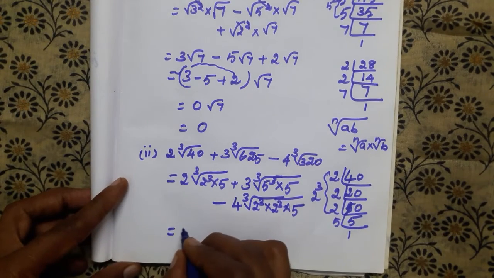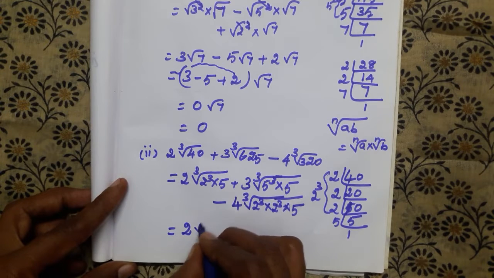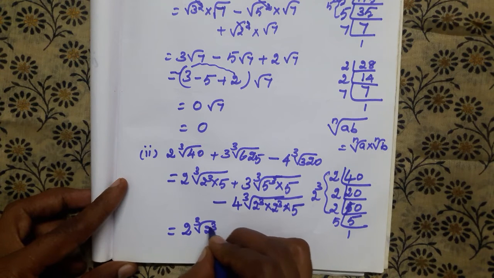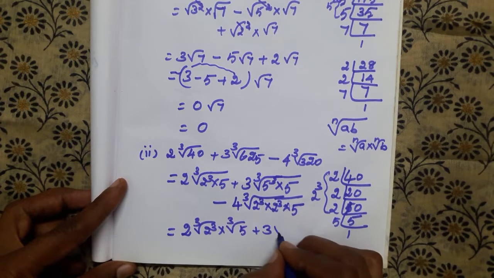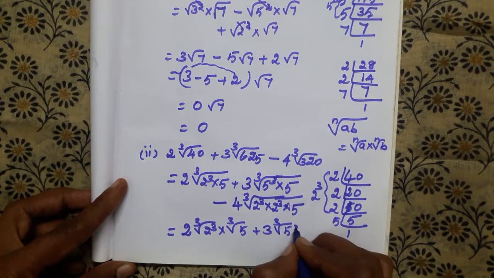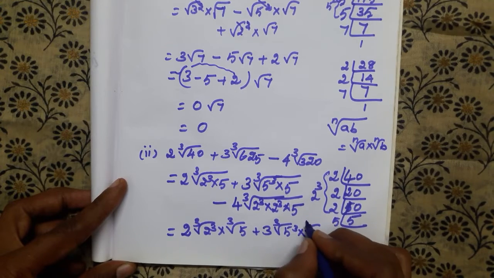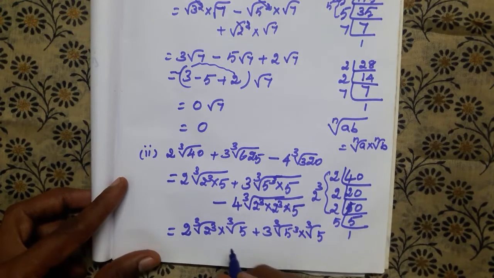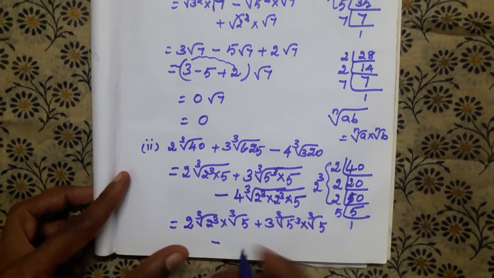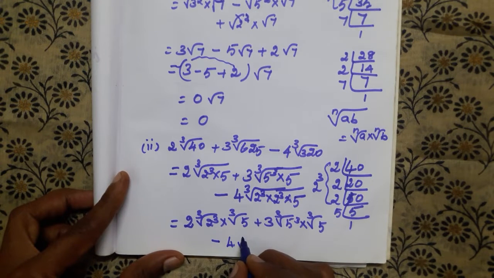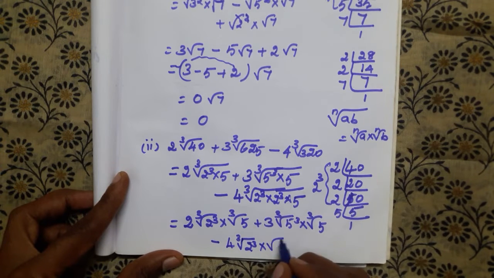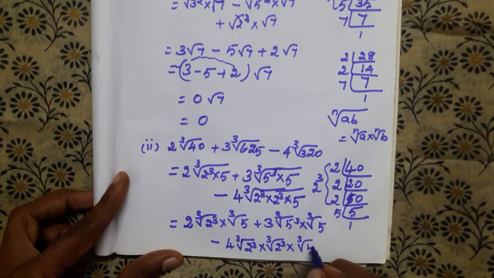So it is equal to 2 times the cube root of 2 cube into the cube root of 5, plus 3 times the cube root of 5 cube into the cube root of 5, minus 4 times the cube root of 2 cube into the cube root of 2 cube into the cube root of 5.